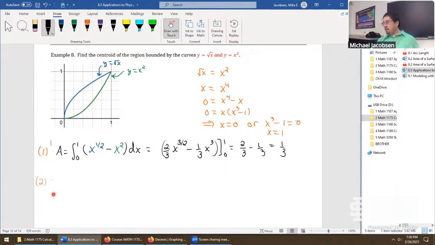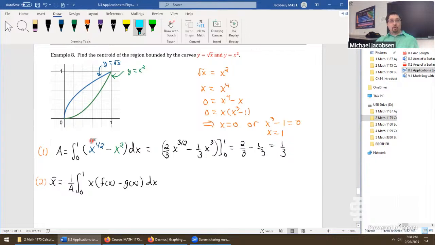So here we're doing x bar. Let's first write in the formula. x bar is reciprocal of area. Integrate from 0 to 1. If there was just one function here, you would go x times f of x. But if there's two functions, we go x times f of x minus g of x dx.